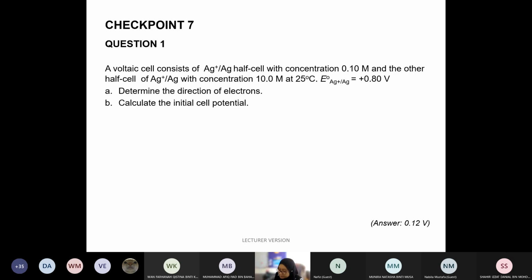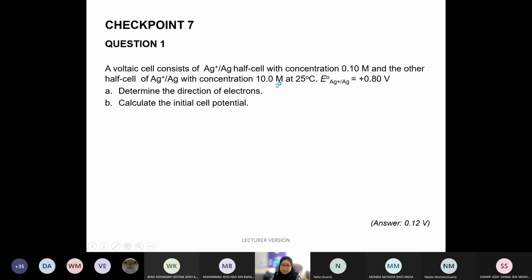Okay, right, jom. A voltaic cell consists of a silver atom, silver ion half cell with a concentration of 0.1 molar, and the other half cell is the same with concentration 10 molar at 25 degrees Celsius.